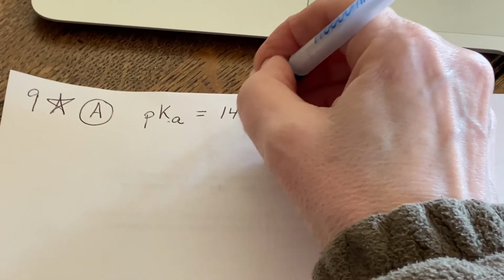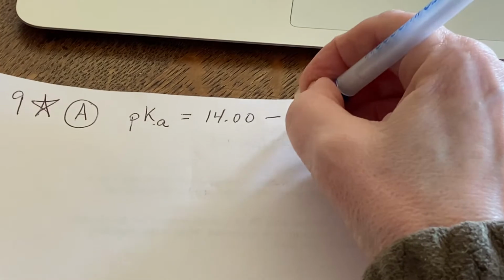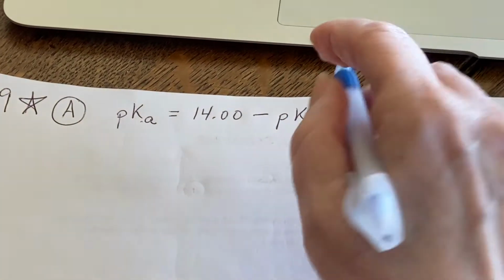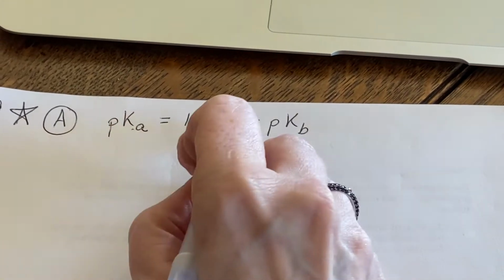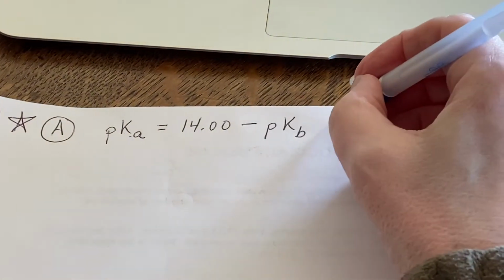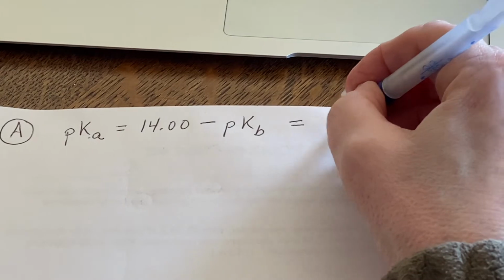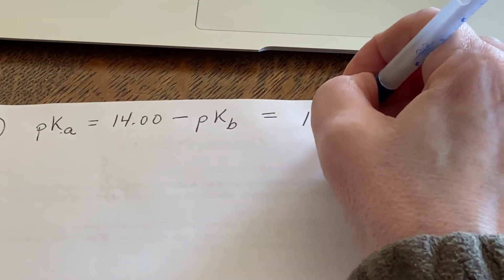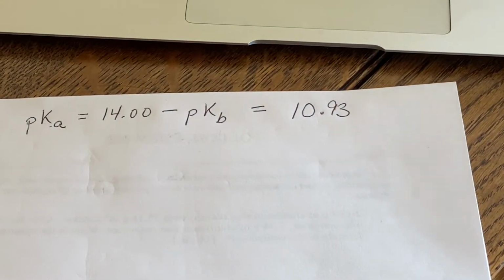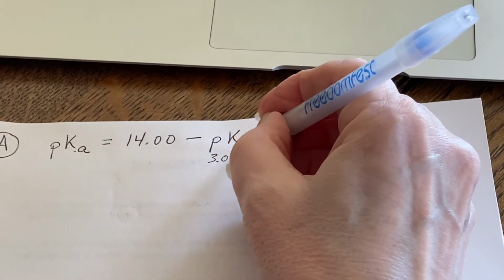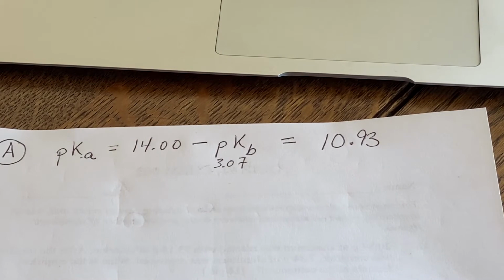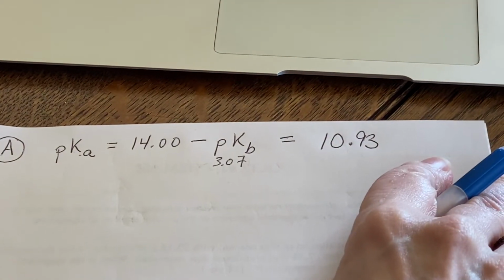If I've been given the pKb and I want the pKa, I'll subtract from 14, and then my pKa in this case is 10.93, because this was the one we were told was 3.07. All right, so we have a pKa for it.